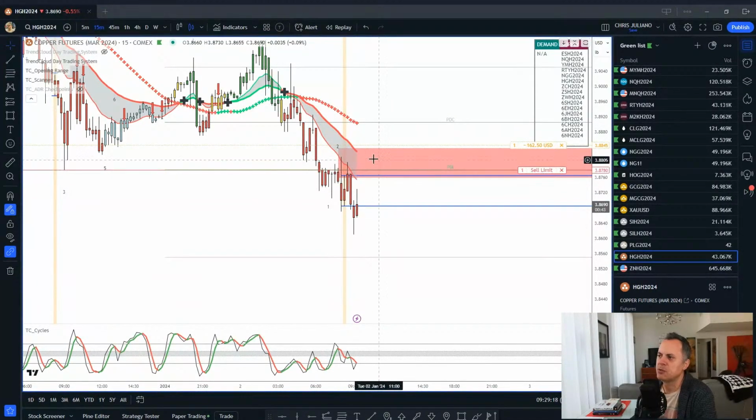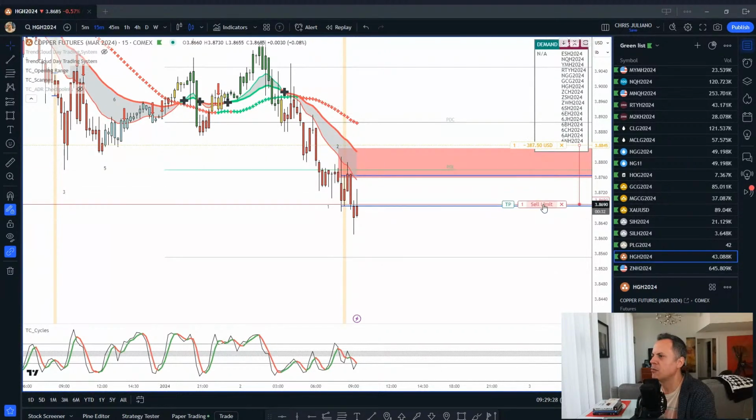Look, if it doesn't pull back into our zone, remember, this is the number that you have to be most concerned about. If I said, "Oh, let's take the entire thing from here all the way up," that's a $400 risk. You're going to wipe out a lot of profit.